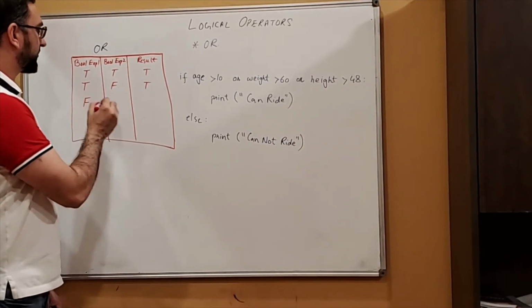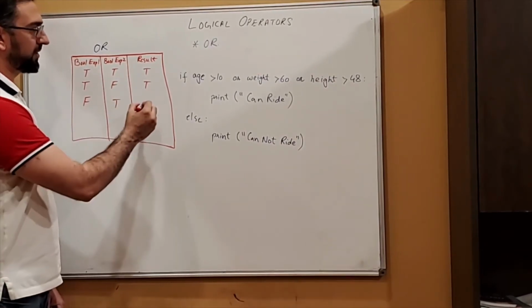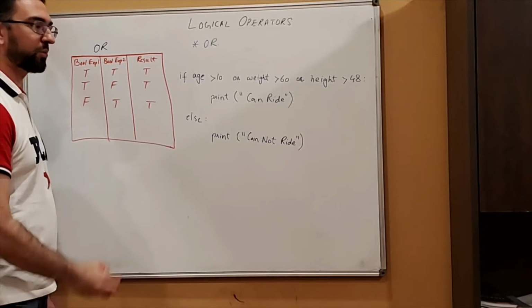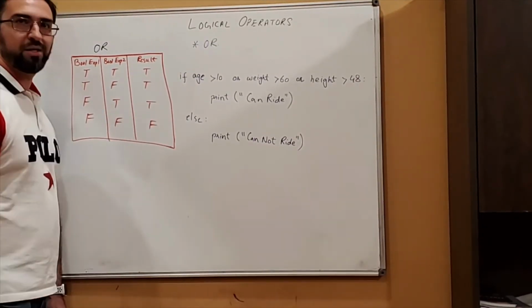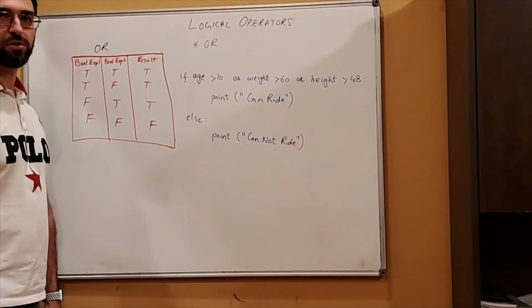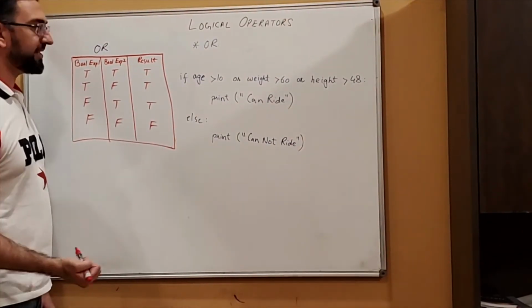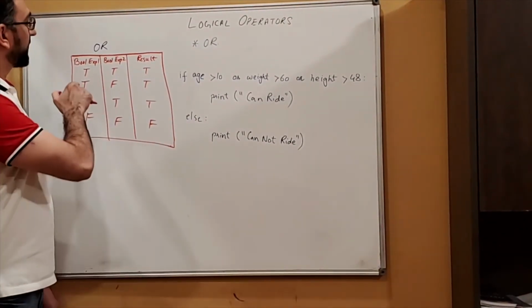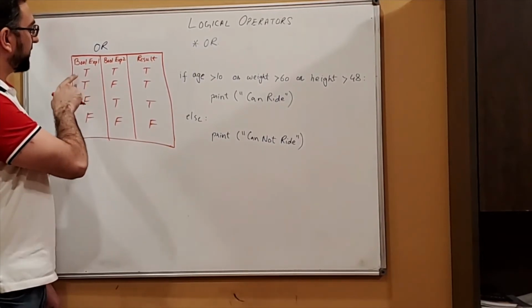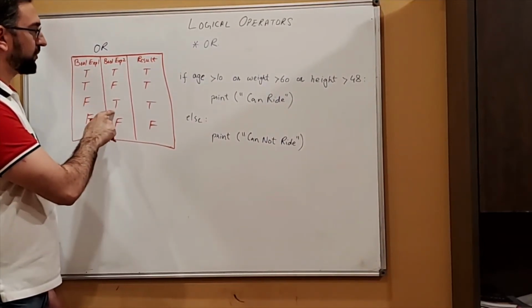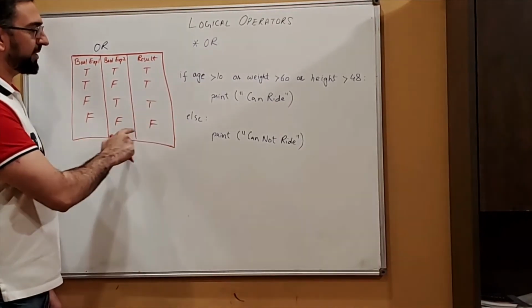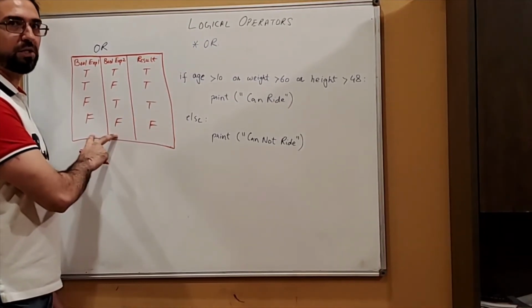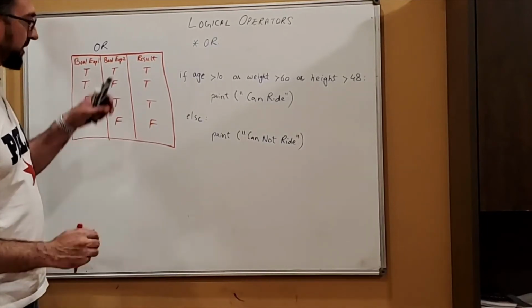If the first one is false, the second one is true, the result will be true. And if both of them are false, only then the result of the OR expression will be false. So if you look closely, if any of the Boolean expressions is true, the result is true. In order for it to evaluate to false, both of them have to be false. All right? So keep that in mind.